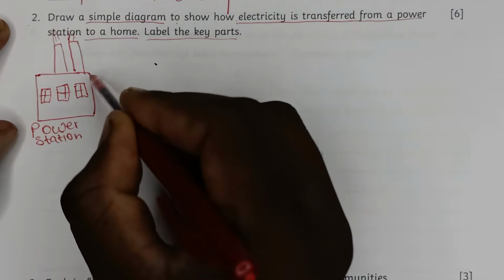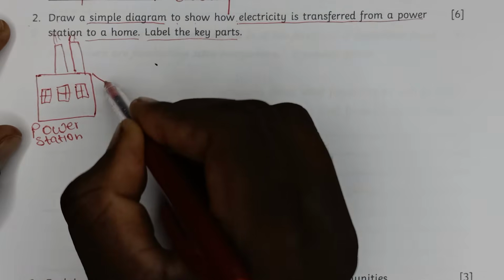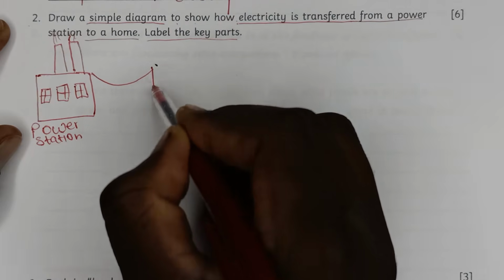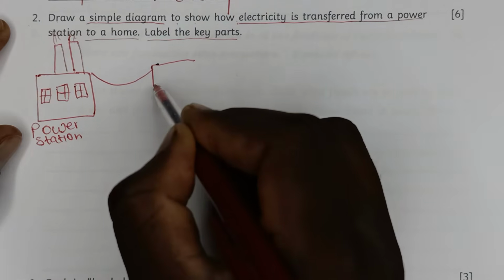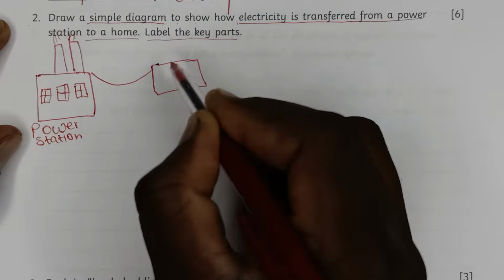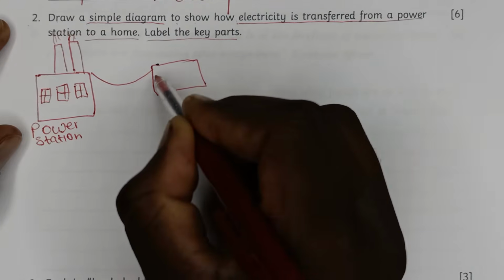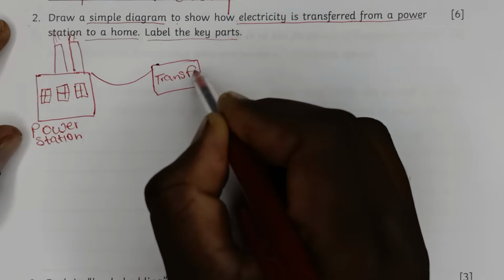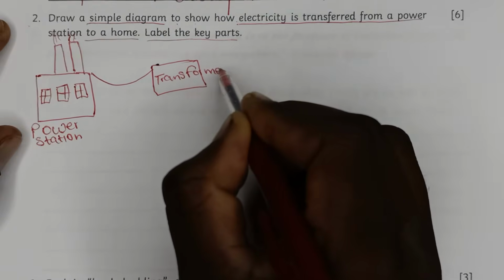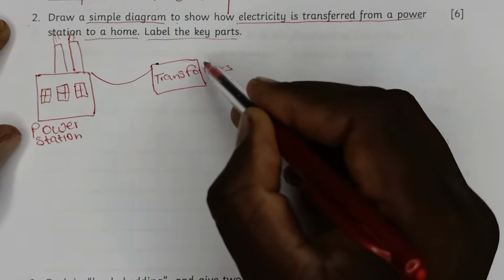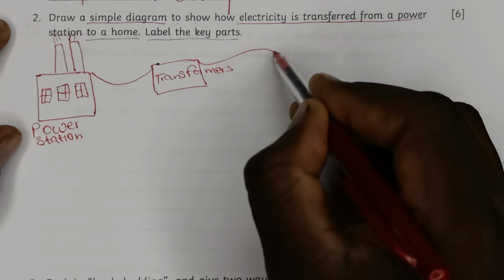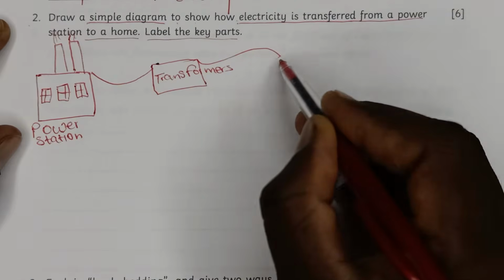So this is where the electricity starts, and then now it goes to the transformers. We have got transformers. So these are transformers. From transformers, the electricity continues to the transmission line.